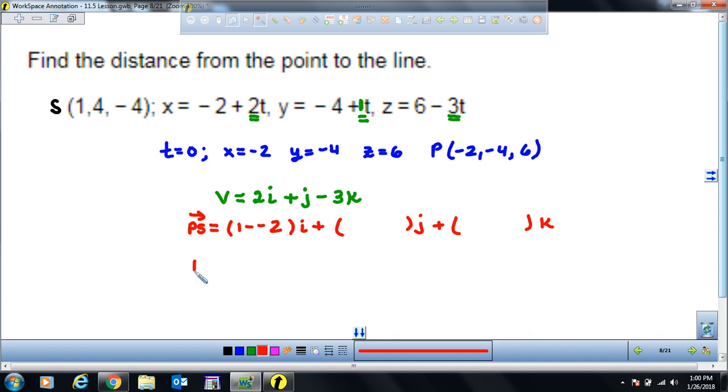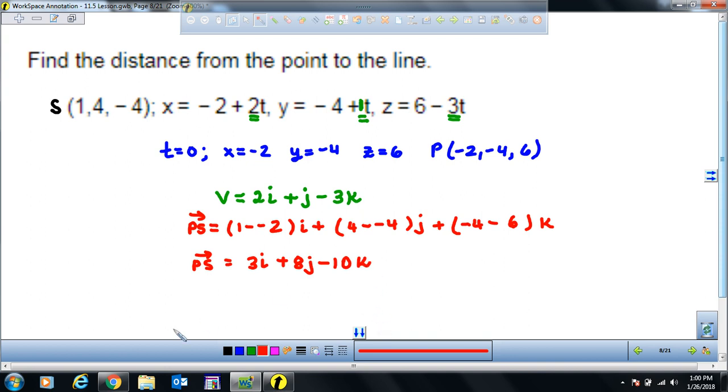It would be 3. So that would be 3i. Then the y components, it would be 4 minus -4. That would be plus 8j. And -4 minus 6, that would be minus 10k.